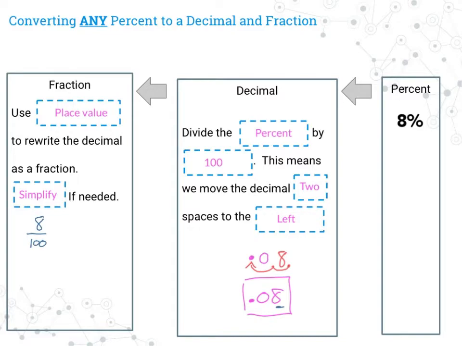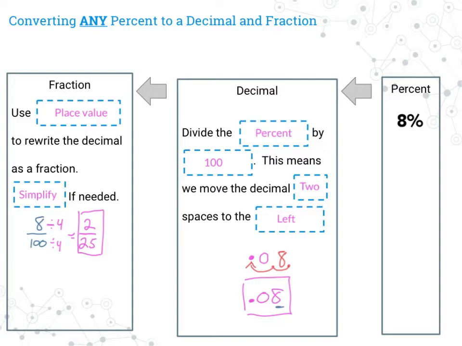I know they can both be reduced by 4, so I'm going to do that now. I'm going to divide the top by 4 and the bottom by 4. 8 divided by 4 is 2, and 100 divided by 4 is 25, so I get 2/25, and that is in simplest form. So I'm going to go ahead and put a box around that because I know that is my fraction in simplest form.